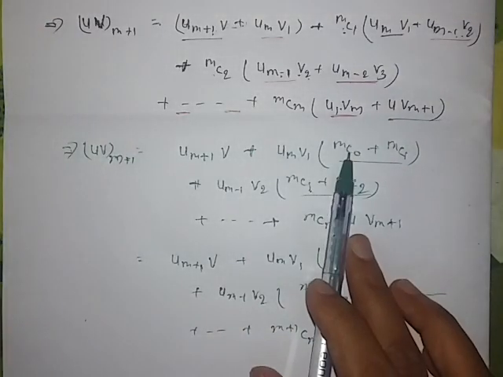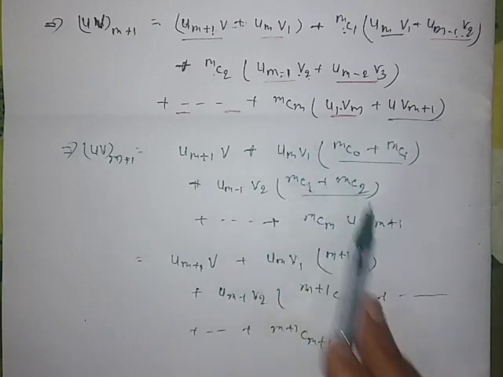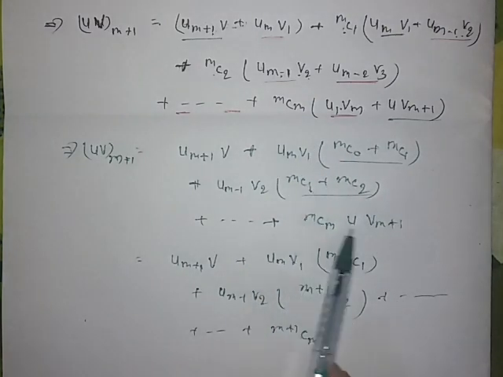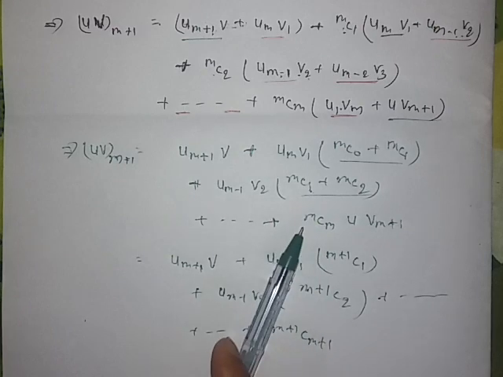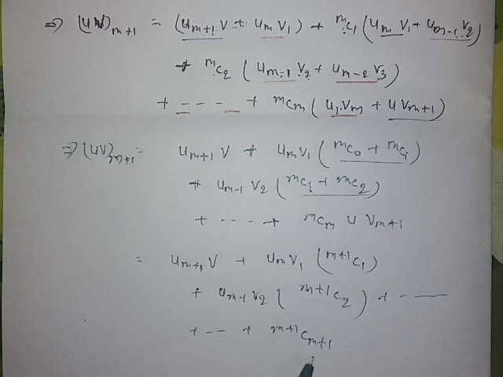So here the mcm value is 1 and this value is again 1, so we can take mcm as m plus 1 c m plus 1, because these two values are equal to 1.